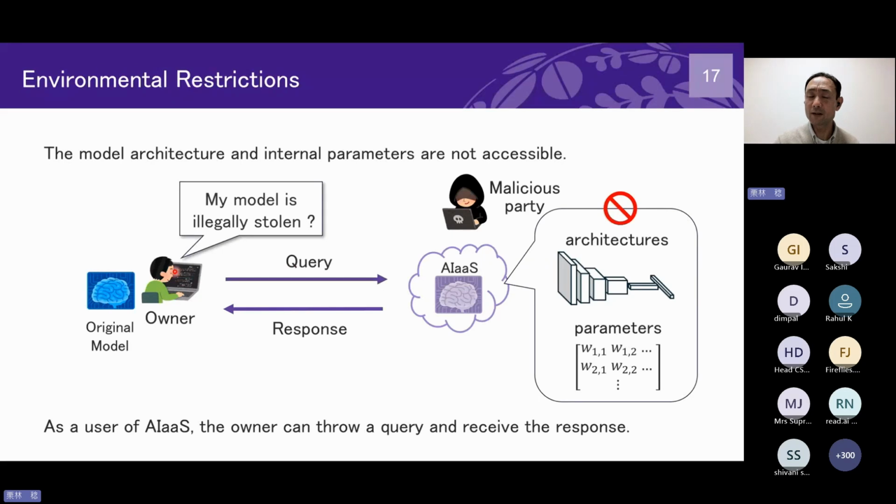Then the owner tries to check. In this case, the owner cannot access the internal structure, like architecture and parameters, but he can throw a query and receive the response. So this is a realistic situation. So the owner will try to throw a query and receive the response. And according to the response, the owner tries to convince that the model in the cloud server could be a stolen model of his original model.